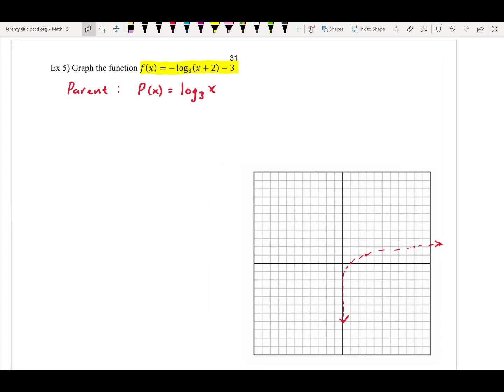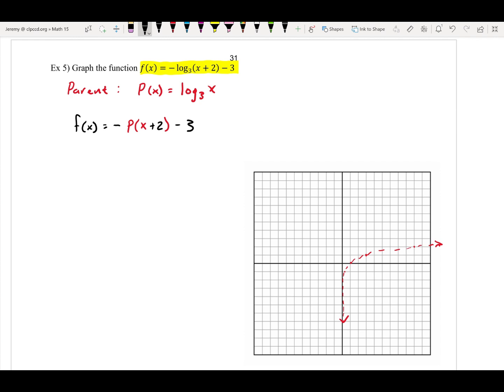All right, so what are my transformations? I'd like to just focus on transformations so that I don't have to do a table of values at all for this graph. So if I express f in terms of the parent function p, f of x is negative p of x, then we have that plus 2 happening on the inside of the parentheses, and then minus 3.